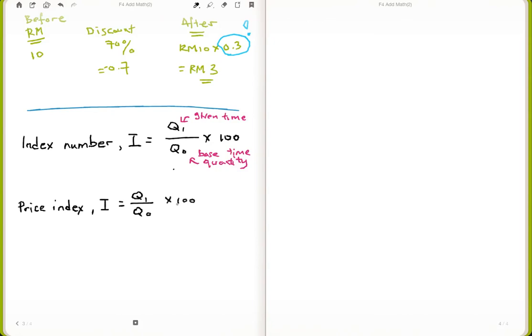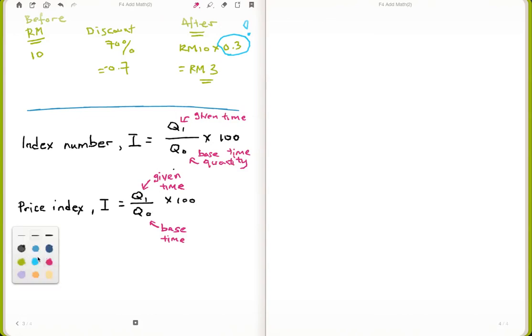Price index. This is again the same definition as above. Given time, how much? This is on base time. The denominator will be the base time.